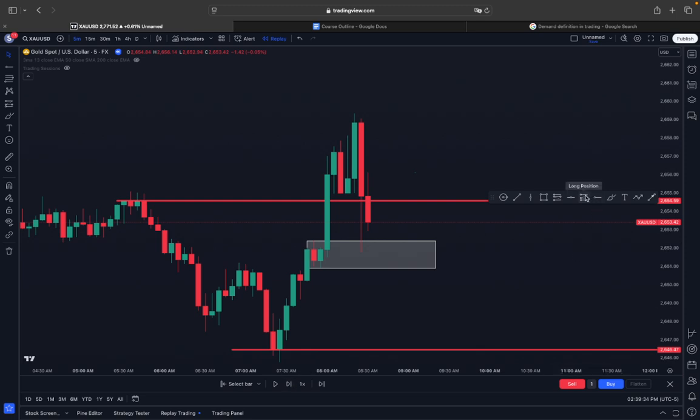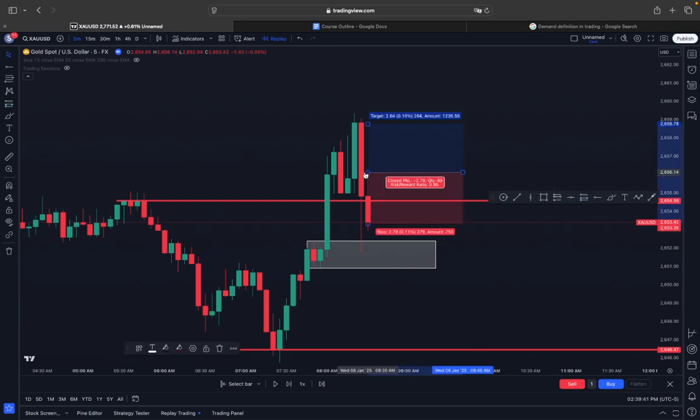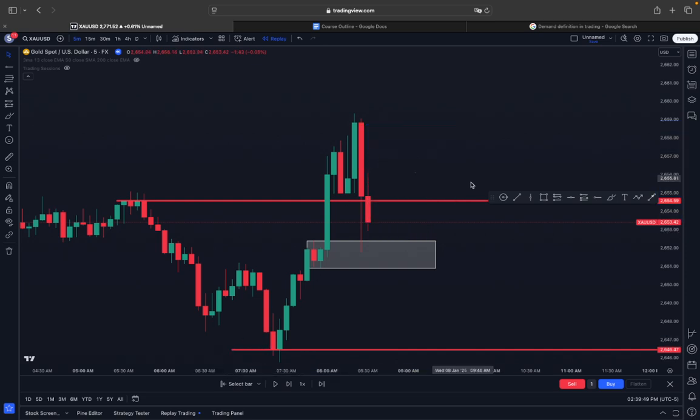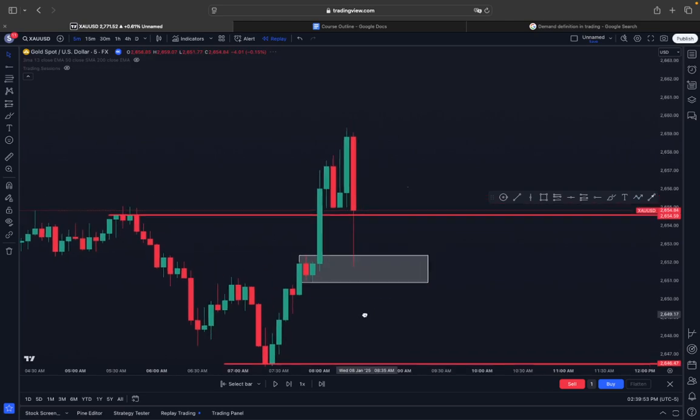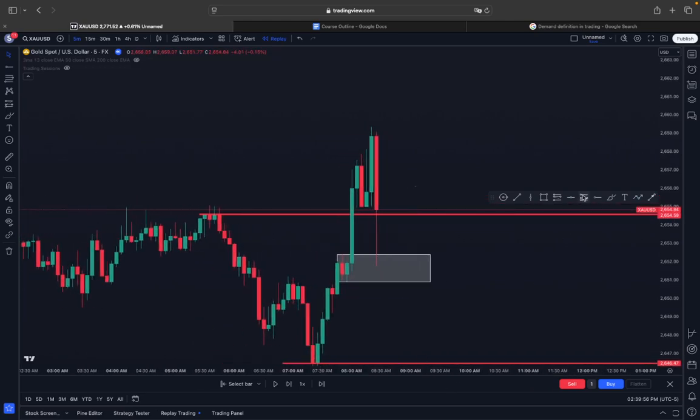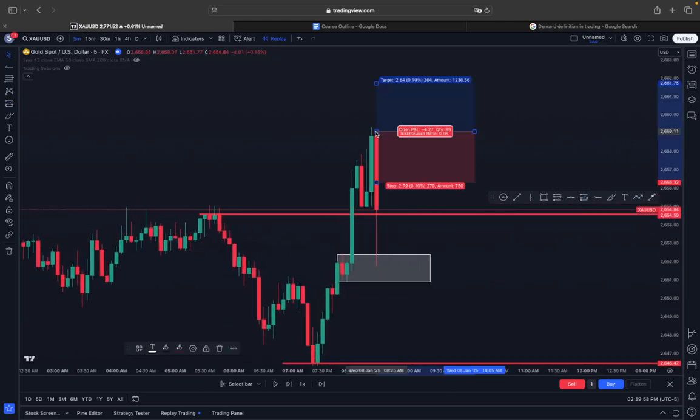Our entry, we're looking for a break of a candle, a break of that candle's high. So once we get our tap of the zone, our entry we would start doing this right here, looking for that break of that candle.